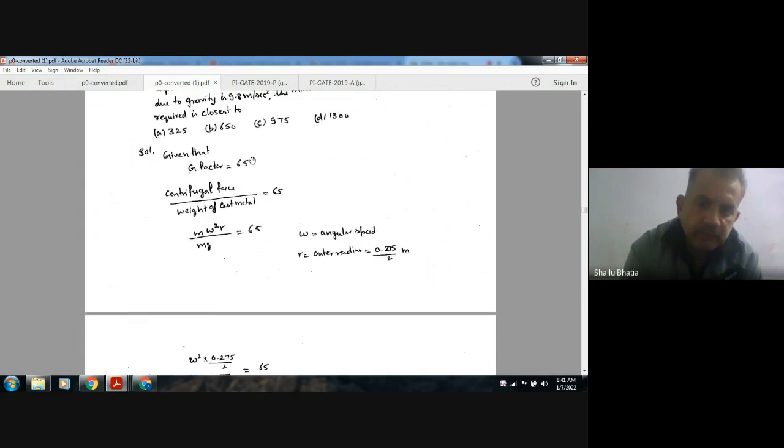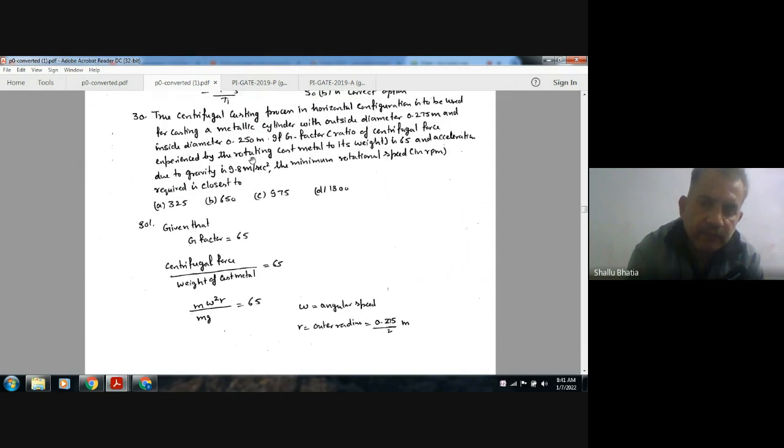For r we have to take the outer radius, because the centrifugal force is provided by it. In centrifugal casting we have to take the outer radius because that is the radius that provides the centrifugal force, pushing the metal outward.